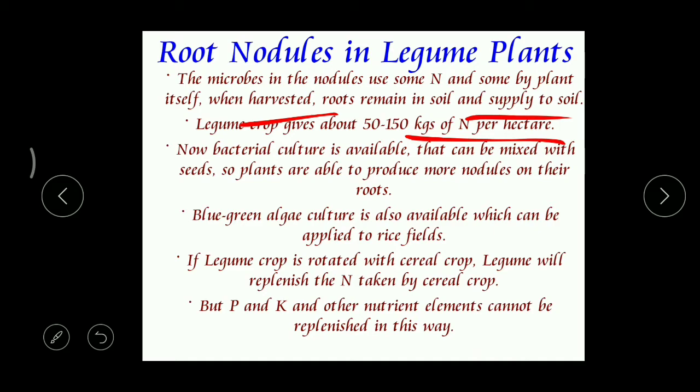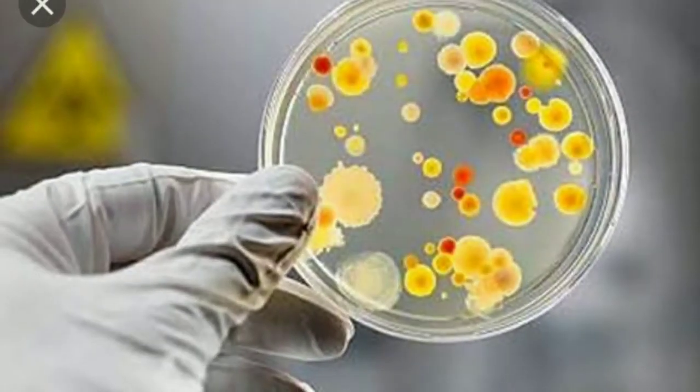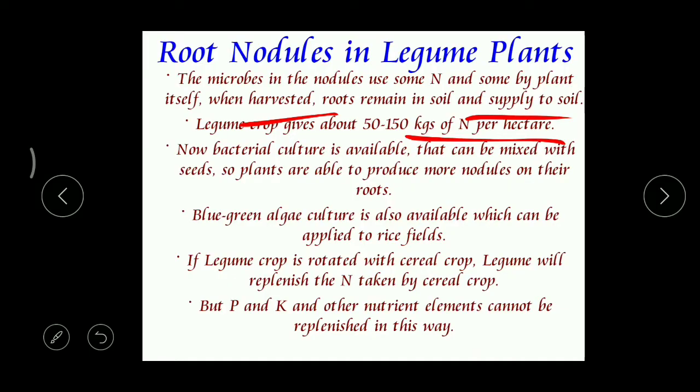And nowadays even bacterial culture is also available. Have you seen this picture? What is this? This is a bacterial culture, and it can be mixed with the seeds. Whatever crop we are growing, the seeds have to be mixed with this bacterial culture, and then we need to sow them in the soil.